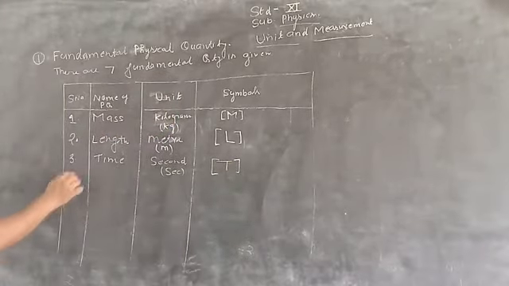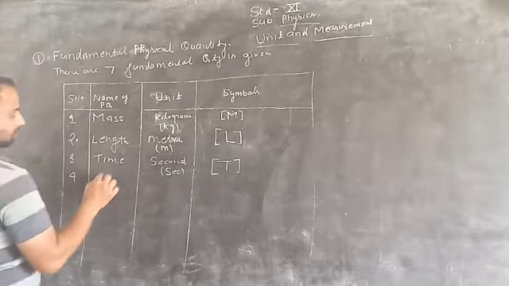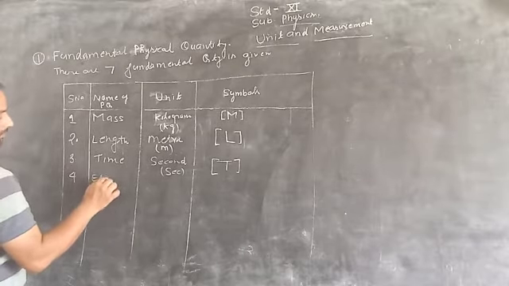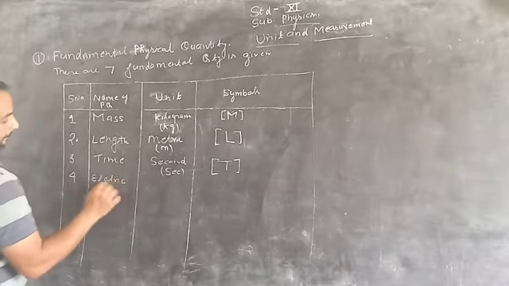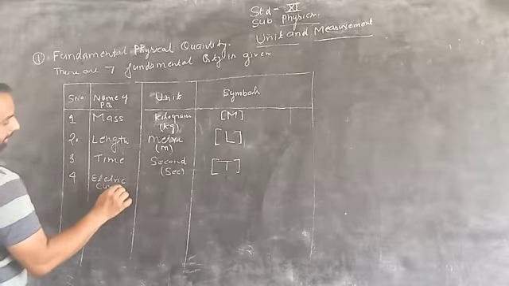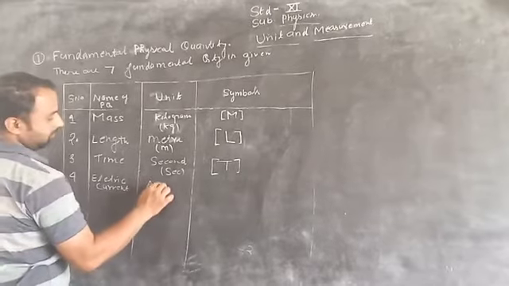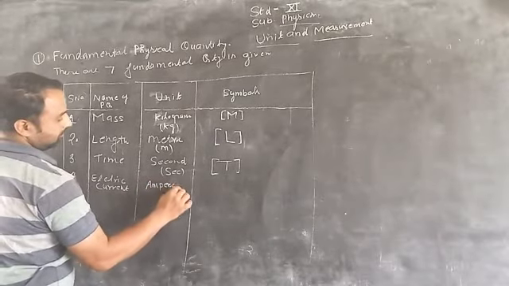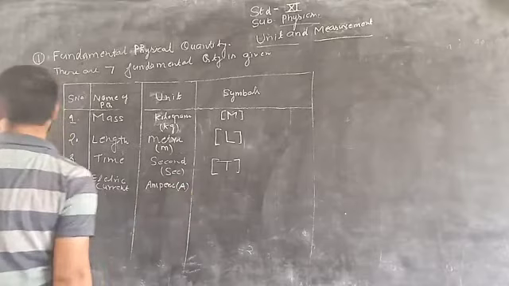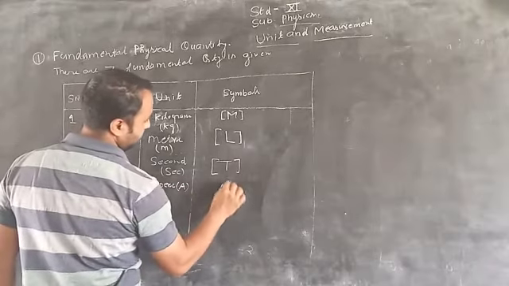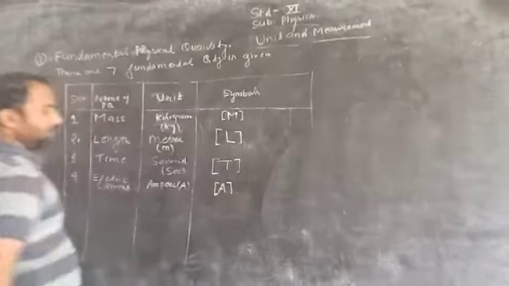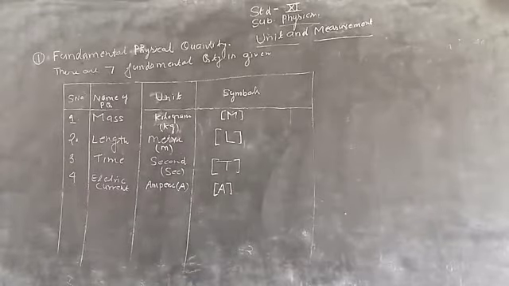The next fundamental quantity is electric current. Its unit is ampere, represented as A, and the symbol is A in square brackets.